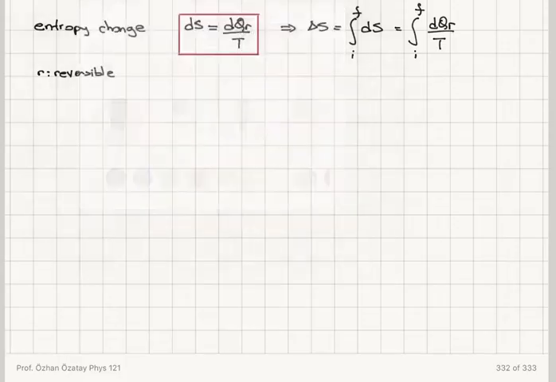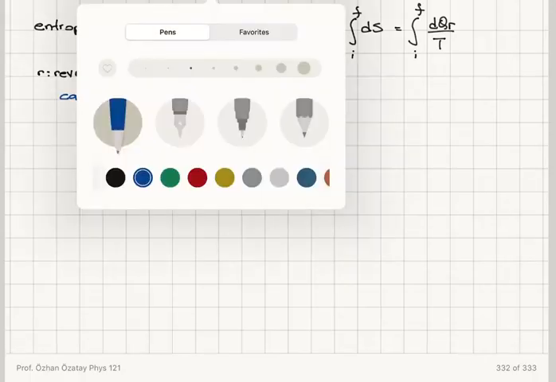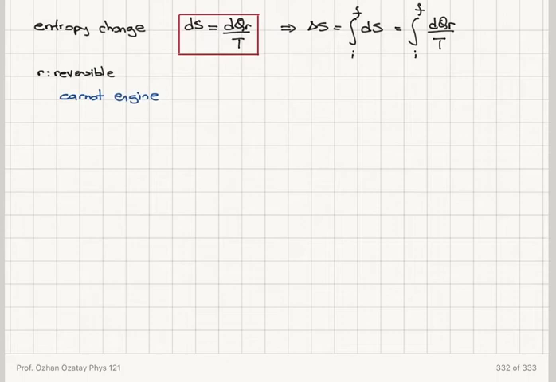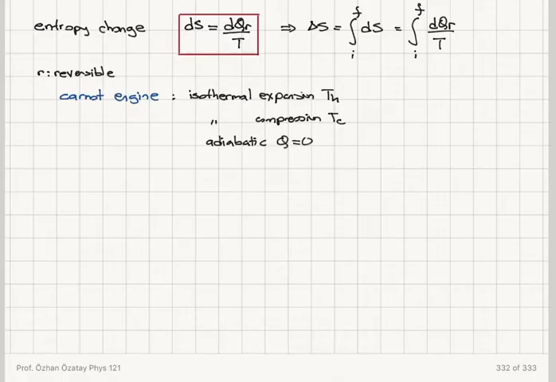So let's talk about the entropy change in the Carnot cycle. If I look at the Carnot engine, what will be the entropy change? I have two isothermal processes in the Carnot cycle. So remember, I have isothermal expansion at a temperature TH and isothermal compression at a temperature Tc, and then the adiabatic processes have Q equal to 0, so there will be no contribution to the entropy change.